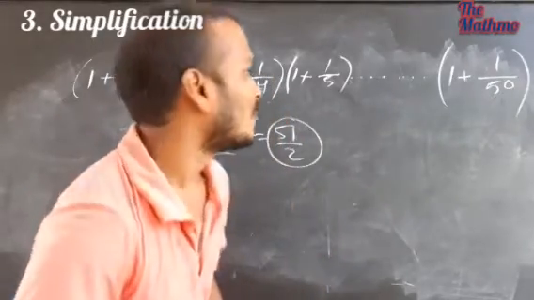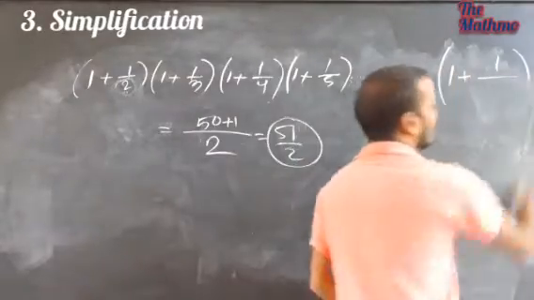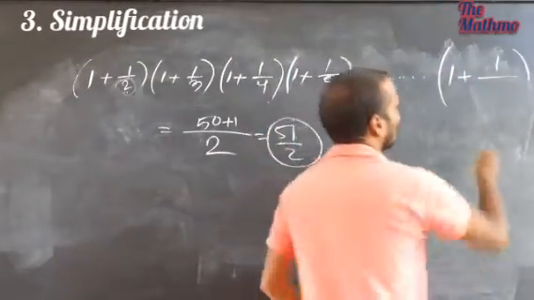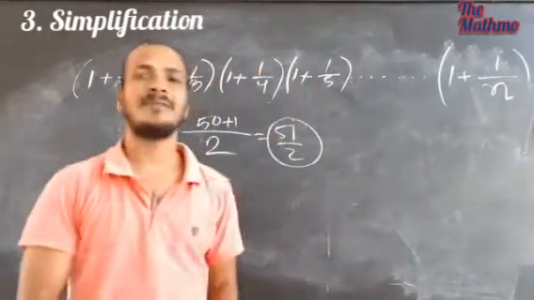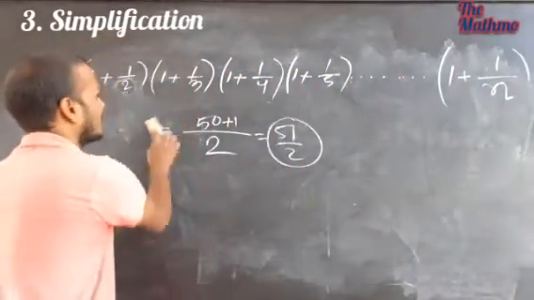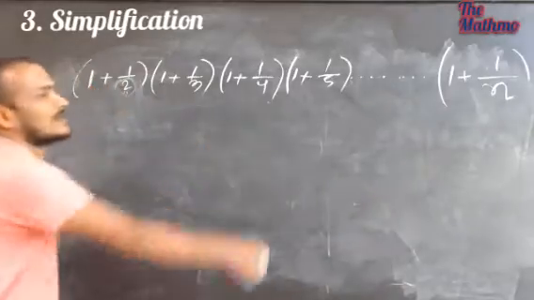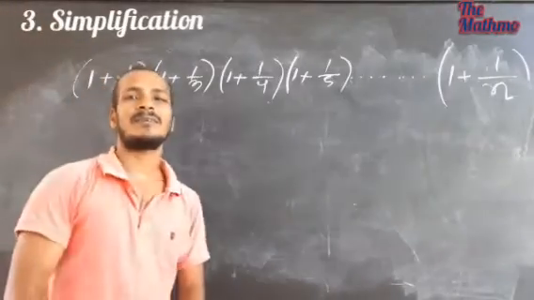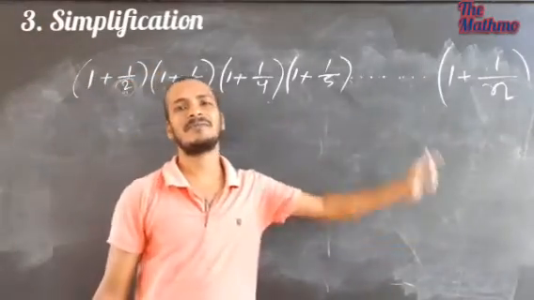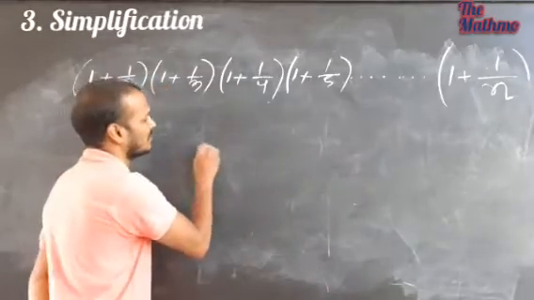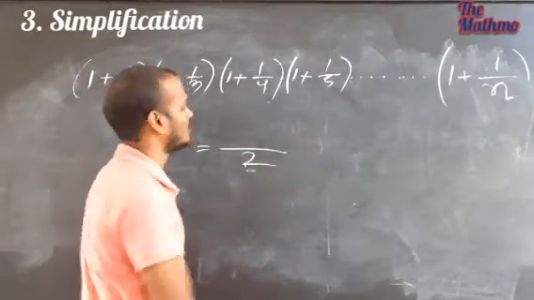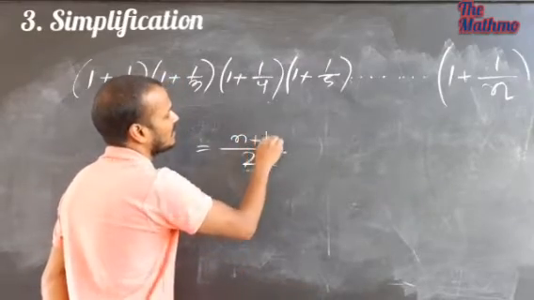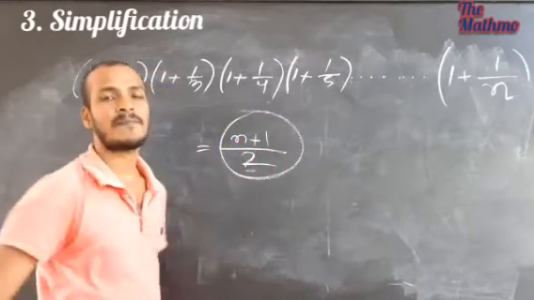So what if it is going till n, for any whole number, 1000, lakh, crore, or any number? What to do? Your answer will be the first one, and for the last one add 1. This is the answer.